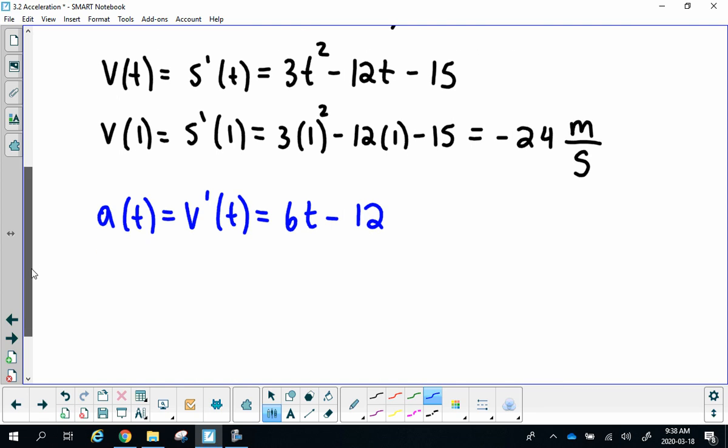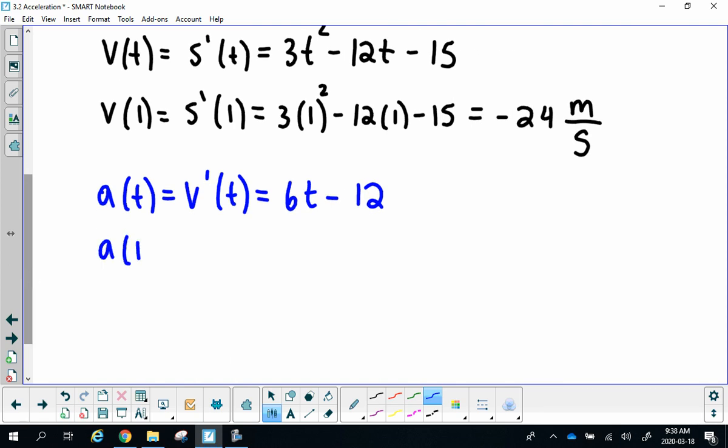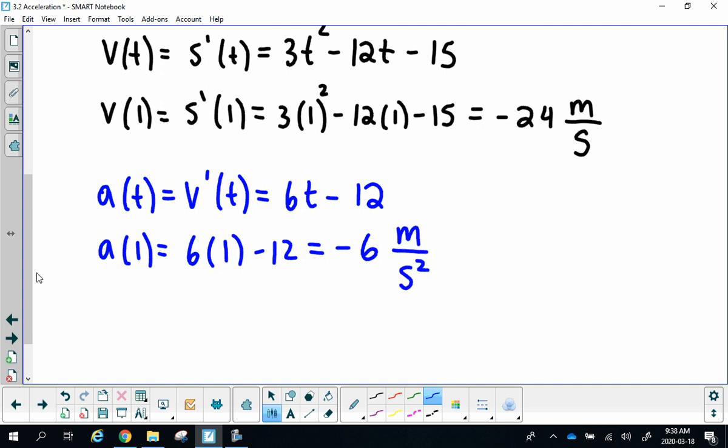And what's really nice about this is that a of 1 is just going to be 6 times 1 minus 12. So that's 6 minus 12, which gives us negative 6. And that's going to be meters per second squared, okay, in terms of our units. So what does that mean? That means that we're actually accelerating towards the left. Not only did we start on the left and we're traveling at negative 24 meters per second at 1, but we're actually getting faster. We're accelerating.